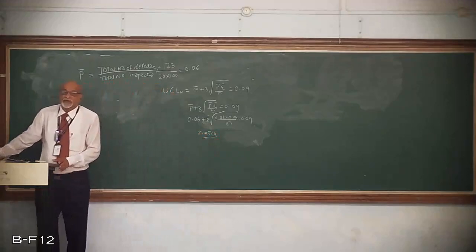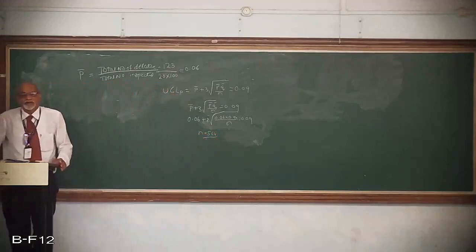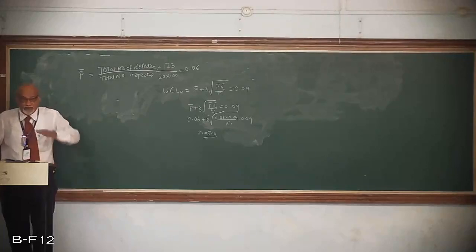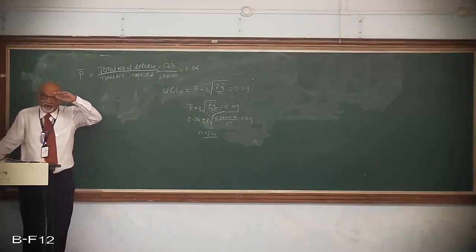Because if we want to keep it down to that level, there is no other way but to increase the sample size. Here the sample size is 100, with the result that the maximum upper limit we have fixed is 0.1311.